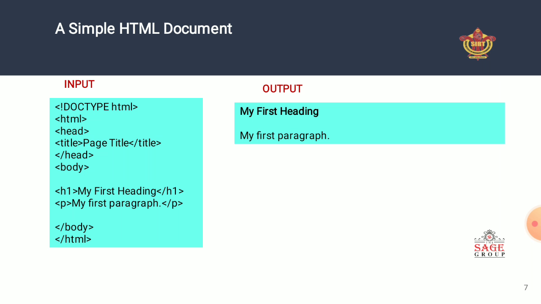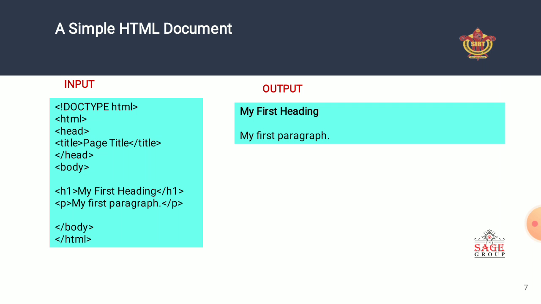This is a simple example of HTML. First of all, an HTML program starts with the doctype. Second is the HTML tag, then the head section, then the head tag, then the title tag.